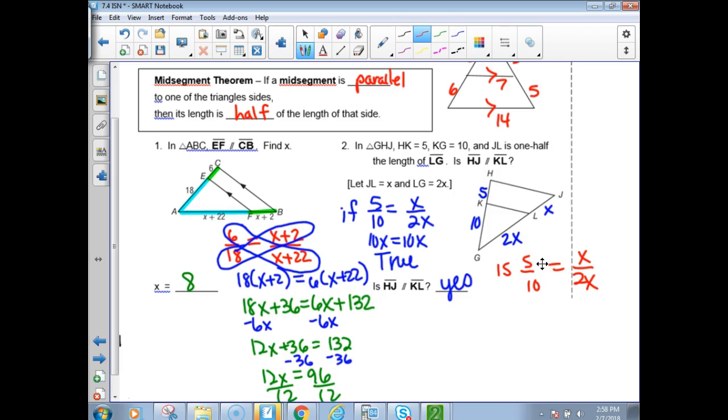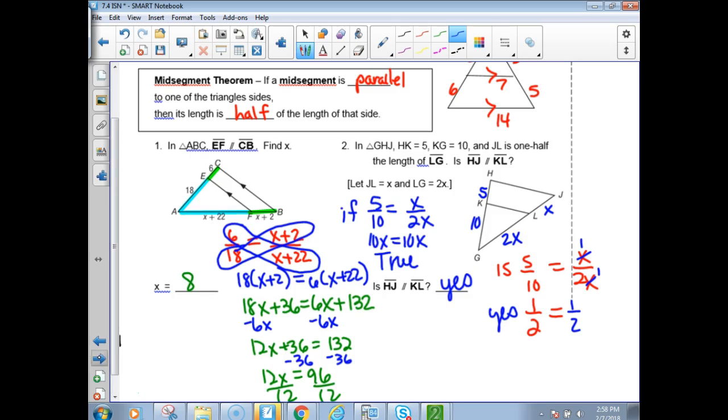So reduce. 10 divided by 5 is 2. 5 divided by 5 is 1. This is 1/2. And then you could cancel out the x's, or divide by x top and bottom, and then you'd have 1/2. And so since 1/2 equals 1/2, that's another way to show that yes, those must be parallel, because the sides are in the same ratio.